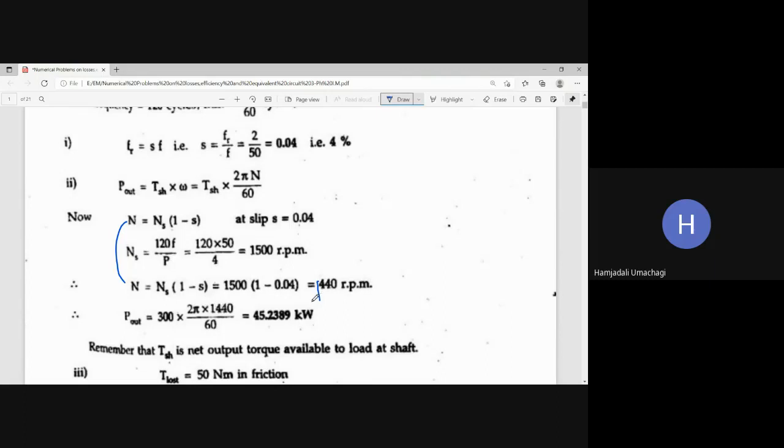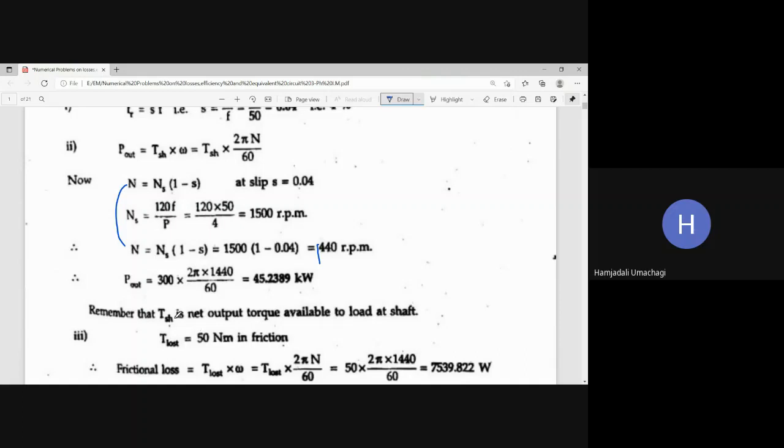Here a digit is missing. Actually, the answer for N is 1140. So the same value of 1140 we should substitute in place of N here, and on solving we get P_out equal to 45.2389 kilowatts. So this is the output power. Finally, we know that shaft torque is the net torque available to the load at the shaft. Yes or no?